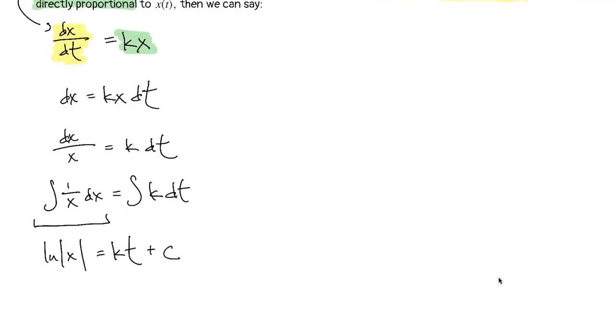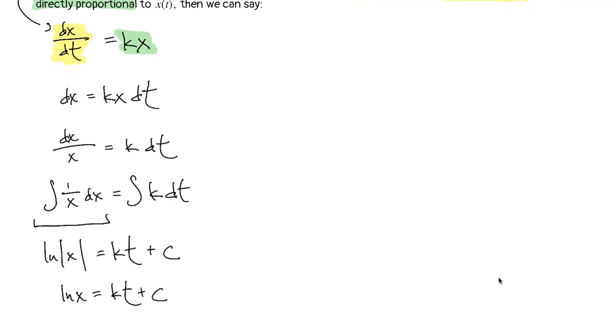So we can actually streamline this just to say natural log of x equals kt plus c. These assumptions really come from the examples we're going to see. We're going to be looking at populations, we're going to be looking at temperature, and for the most part, we're going to have sort of a baseline where it's not going to go below a certain value, so we don't need to consider the negative cases.